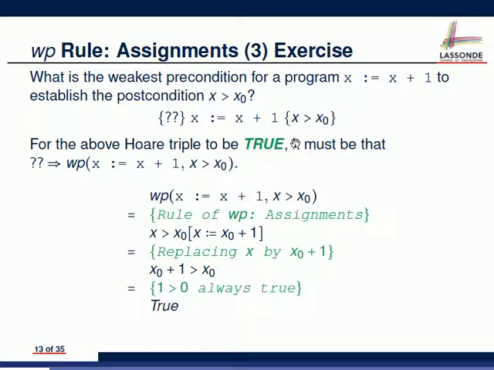Okay, that means actually there's nothing that's going to be weaker than true. True is the weakest assertion, as we said. So now it doesn't matter what you put in the question mark over here, it will always be correct in this particular case. Because I'm trying to do increments, of course, after the increments, the post-state value is always greater than the pre-state value. Okay? So this one is just to exercise your ability to apply the rule.